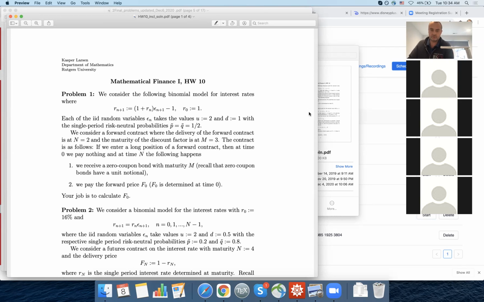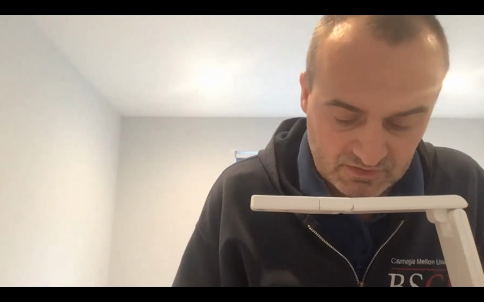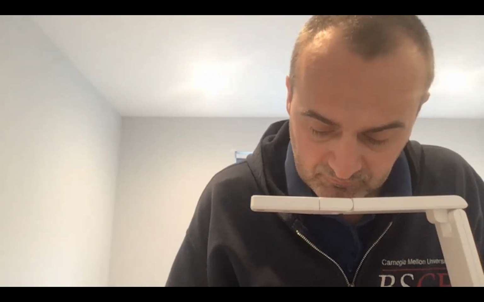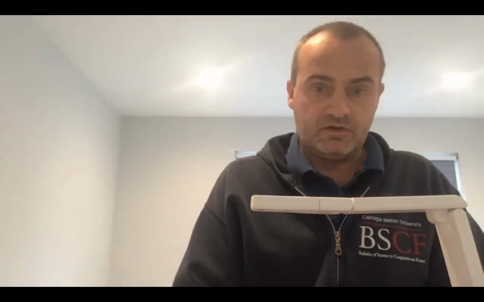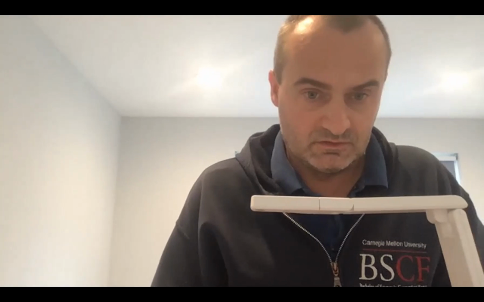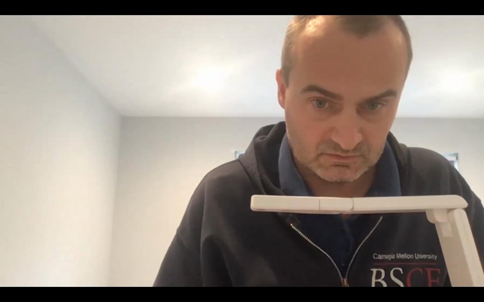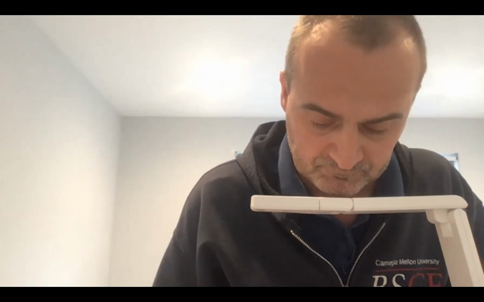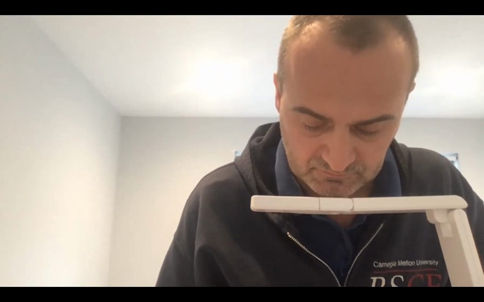So we try to write down from this text what happens when the forward expires. There are specific dates in here. M is equal to 3, and the forward contract is 2. This is the forward contract.